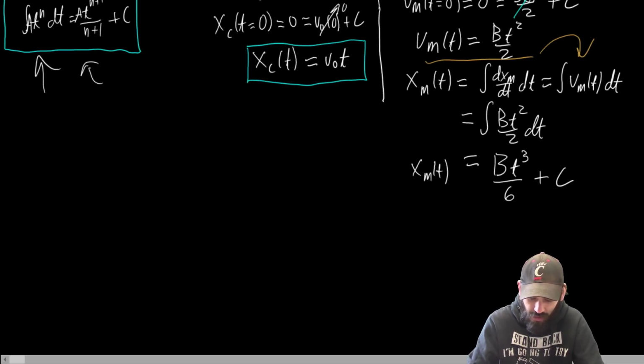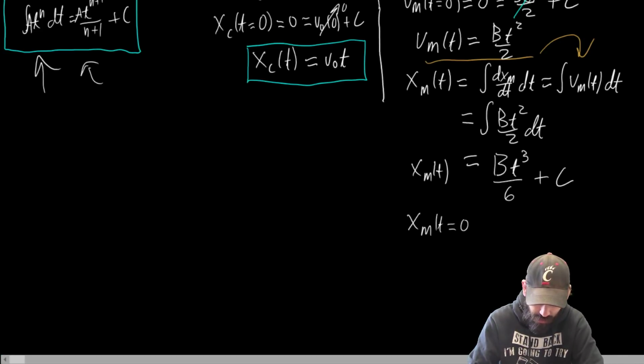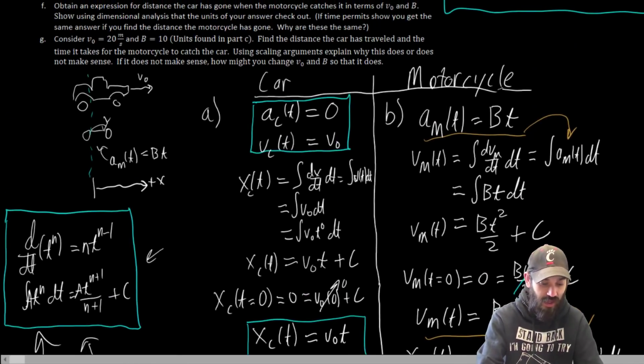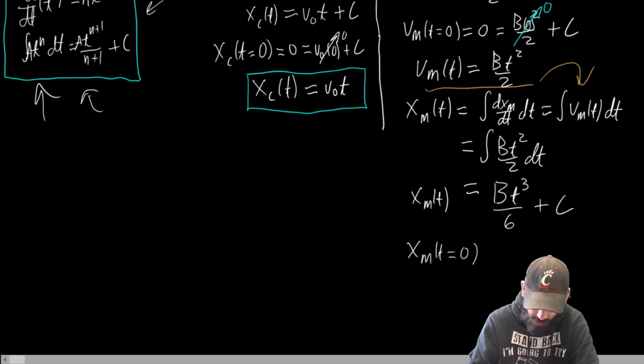The last thing to do is to evaluate this constant of integration. We can say that x_m(t) is going to be equal to, we want to evaluate this at t equal to 0, right? Because that's the initial condition we have. We see that in our story here. So we know that the initial position of the motorcycle is going to be equal to 0.